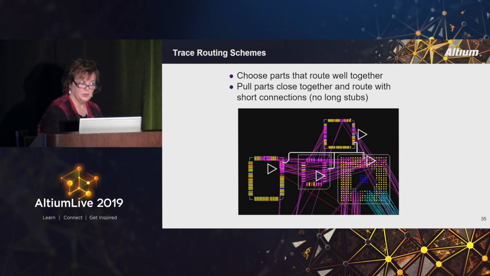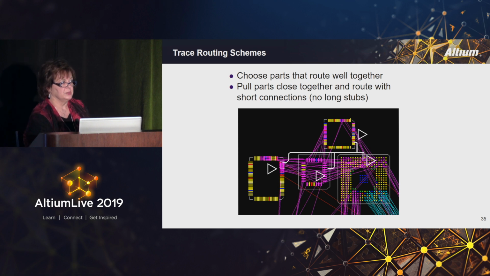So if you have the luxury of looking at different part types for the bus that you're working with, meaning if there's multiple of these parts or these parts available for you, then look at the ones that will work well together when they're placed on the board and how you can route them best. Not because it's easier, but because it will be better for signal integrity and EMI, because you don't have to make as many vias, you don't have to make as many stubs and things like that.